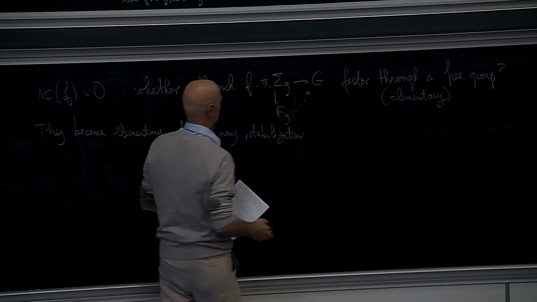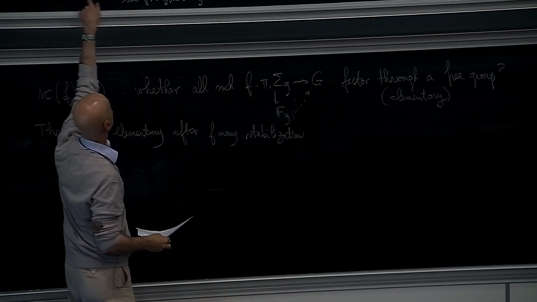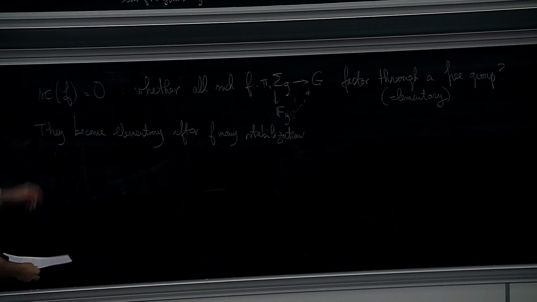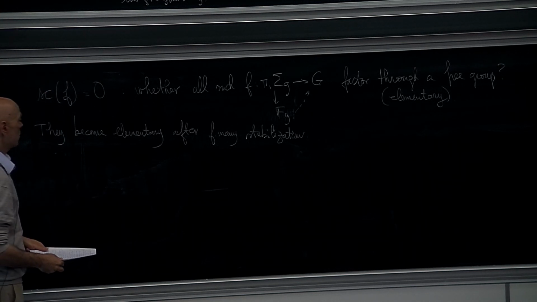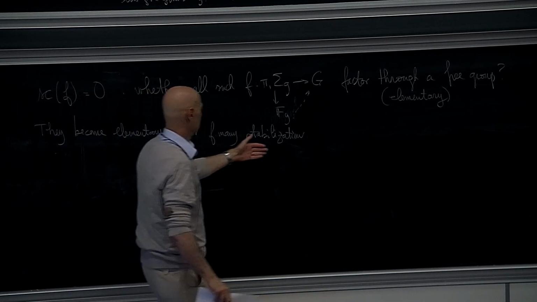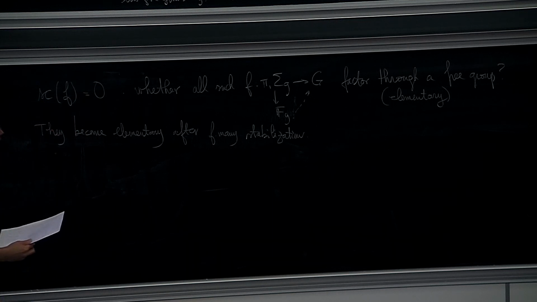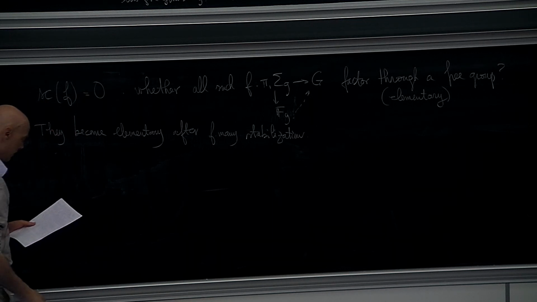Stabilizations are the opposite of the pinches. So you stabilize the surface of genus g to arrive at genus g plus n, and then you get them elementary. Actually the proof of Zimmermann is saying that.